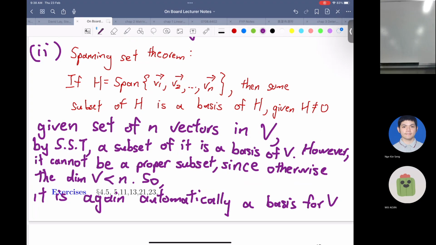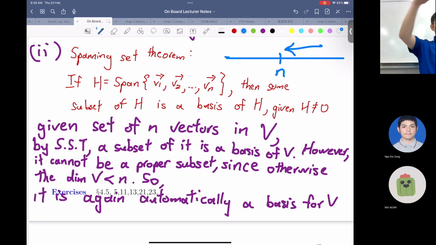So there are two ways to get to n: one is going from large to small, from greater than n plus 1 to n, and the other is going from small to large, from below n up to n.